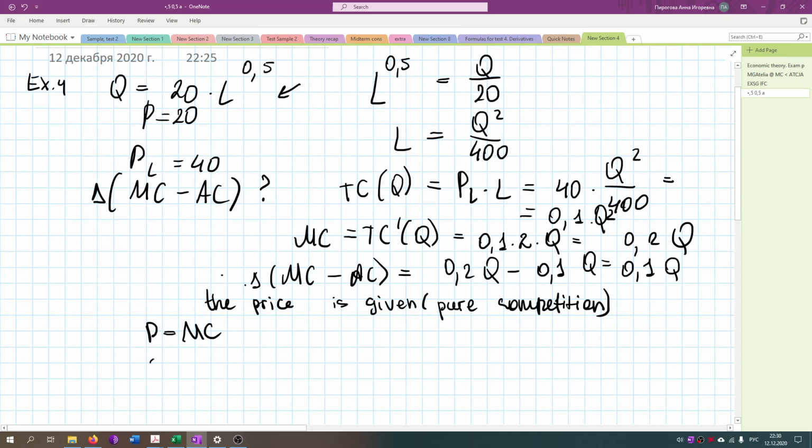So our price is given, it is 20, and our marginal cost as we compute it is equal to 0.2Q. This means that Q is equal to 100.